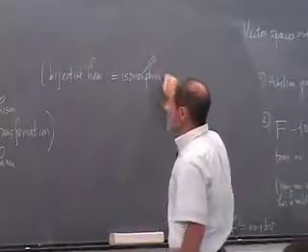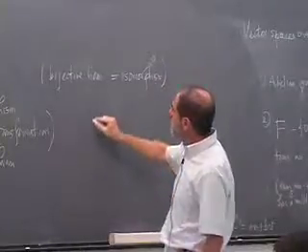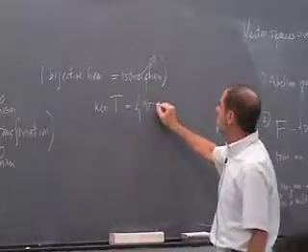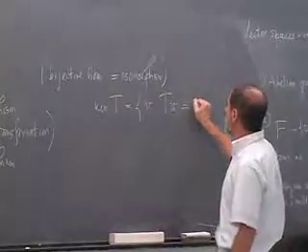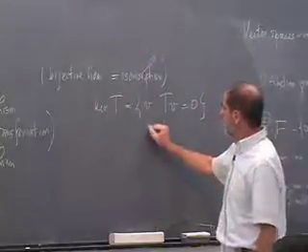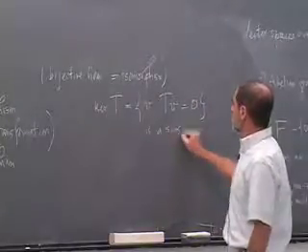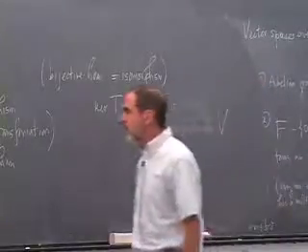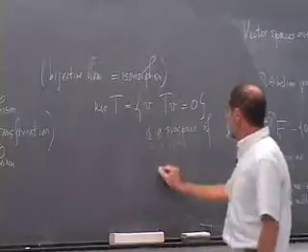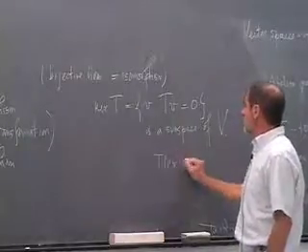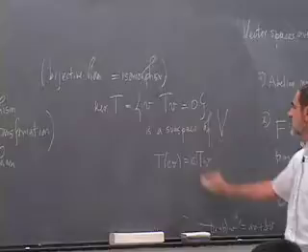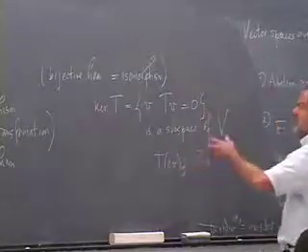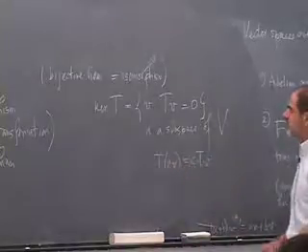Moreover, we find that the kernel of T, which are the subgroup of vectors such that T of V is equal to 0, is a subspace of V. That's because if you take T of CV, it's C of T of V, and we know it's a subgroup because of group theory, but we have to check it's stable under scalar multiplication.